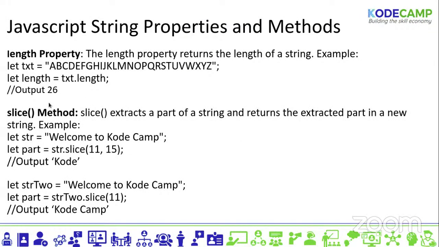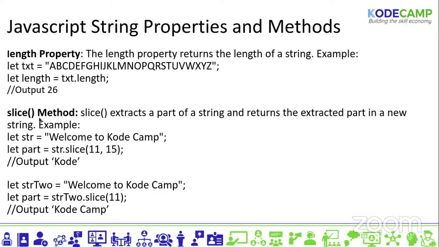This is another major difference you would find between using a property and a method. When you're using a property, you don't put brackets after the statement. So we have txt.length and we did not put any bracket here, but we have slice as a method.